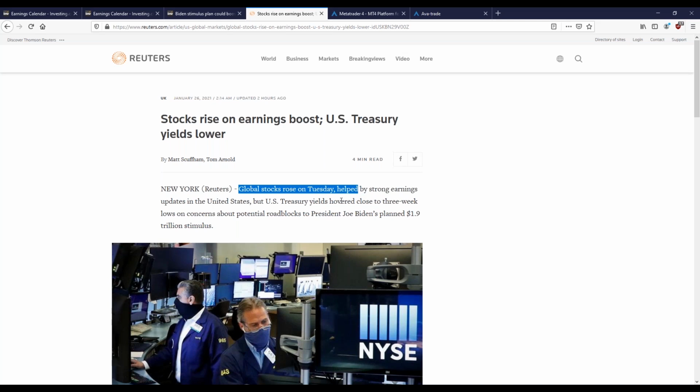The old phrase is when America does well, the world does well in terms of the economy, and when America sneezes, the whole world catches a cold, right? And so a lot of times as US markets go, so follow other markets around the world, and that's what they're saying here. Global stocks rose on Tuesday, not just US stocks, in response to strong earnings out of the US, okay?